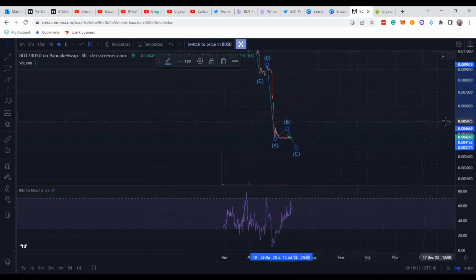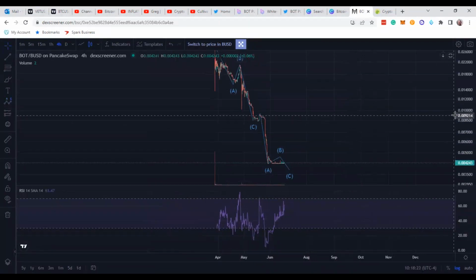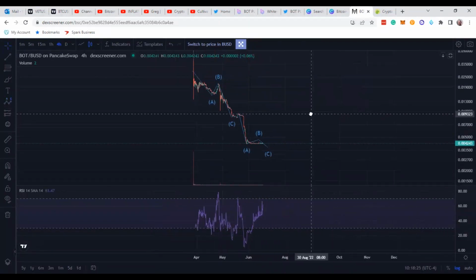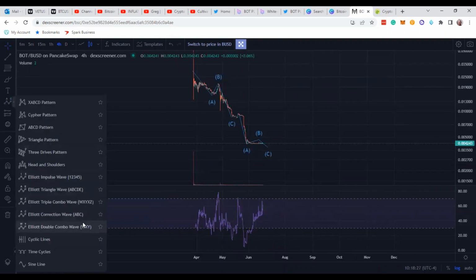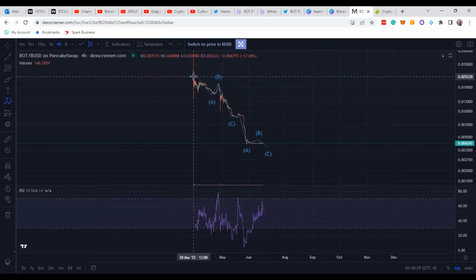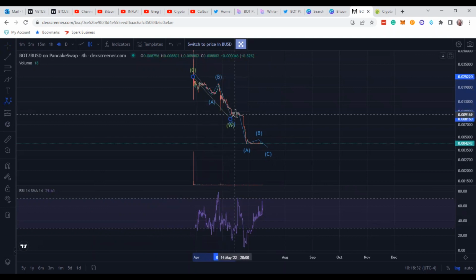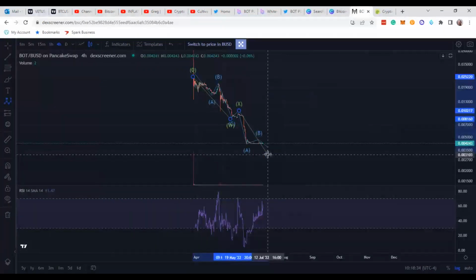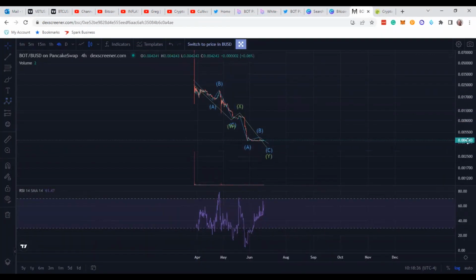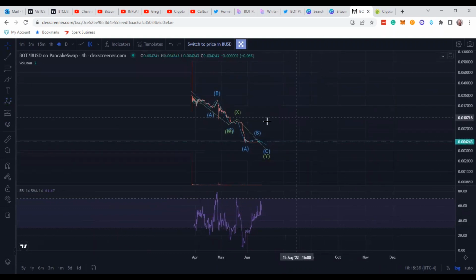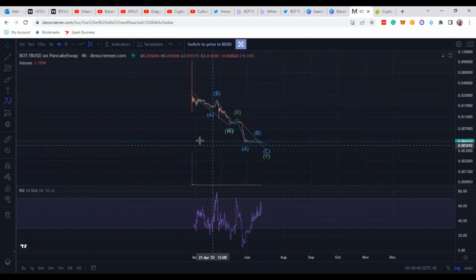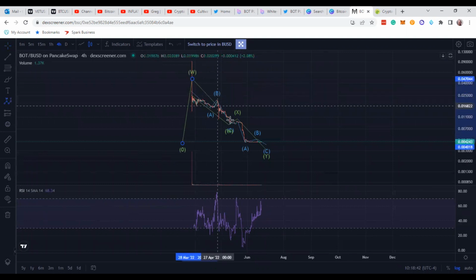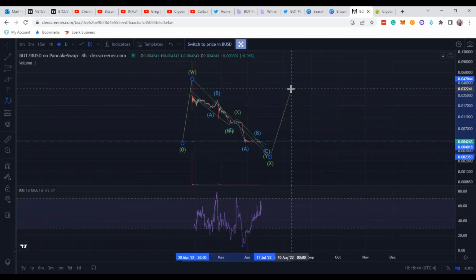But in my opinion, it's stuck in a B, and the overall move for this coin is this. It's a W X, and then it needs to complete this Y. Okay. And if it's a bearish coin, what you have is a W, and this is an X, and it might shoot up on a Y.